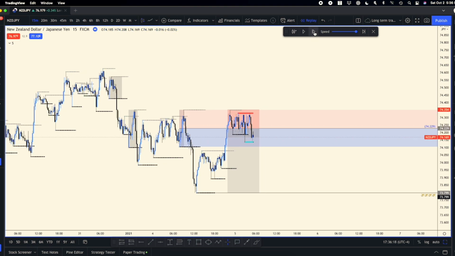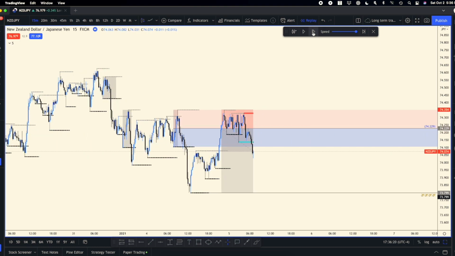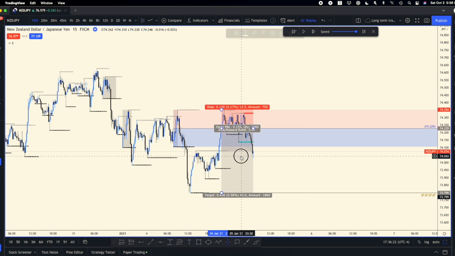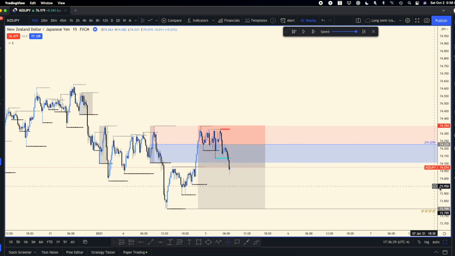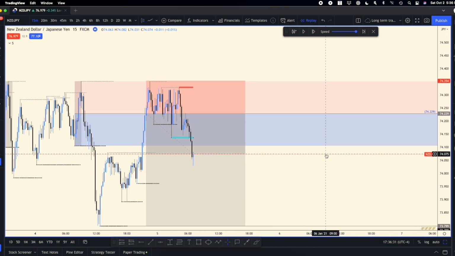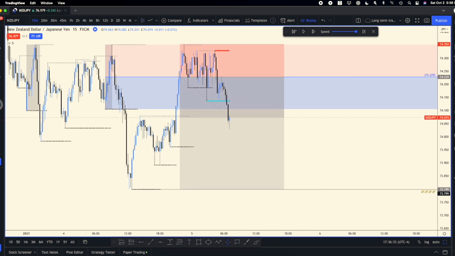See, this is why I hate NZD. A little choppy. Bring this out some, right? All right. So where are we with pips? You know me, I keep saying this, 90% right here.